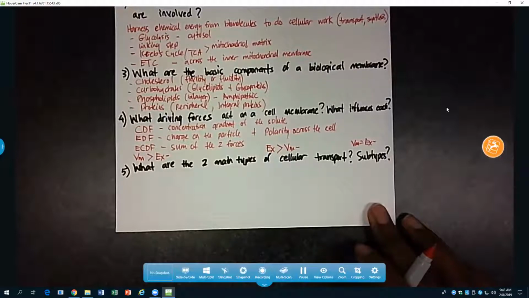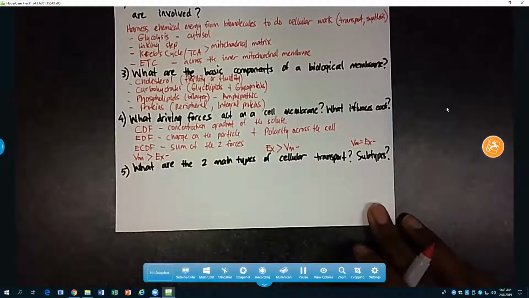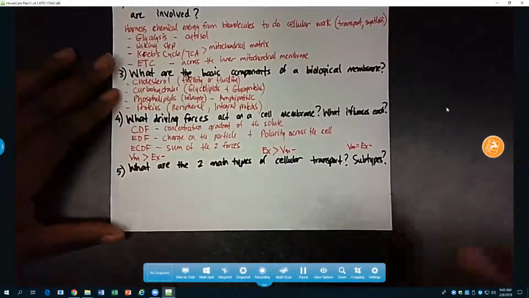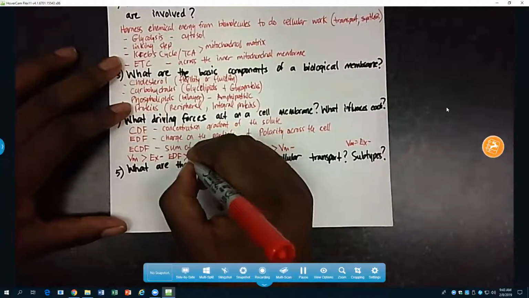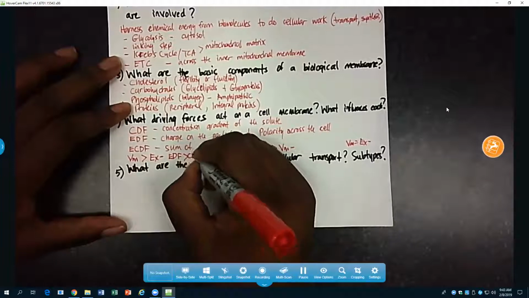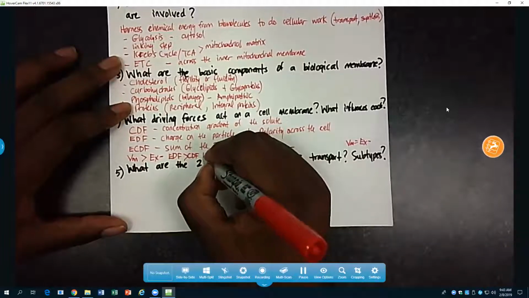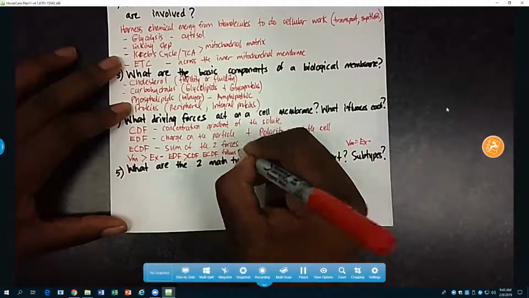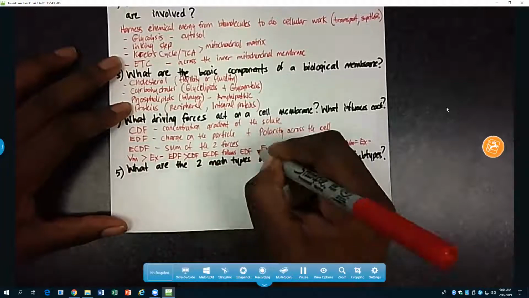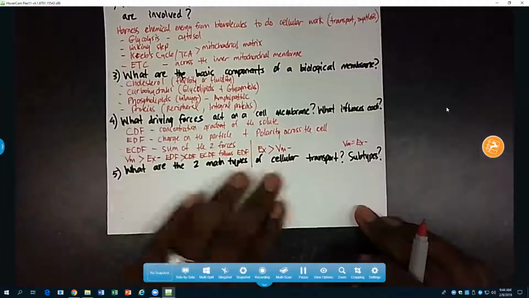If the membrane potential, not the chemical, the electrical, right? So the electrical driving force was more dominant than the chemical driving force, and the electrochemical driving force follows the electrical driving force. Okay?